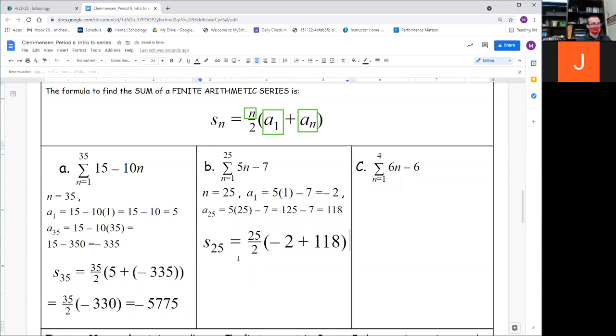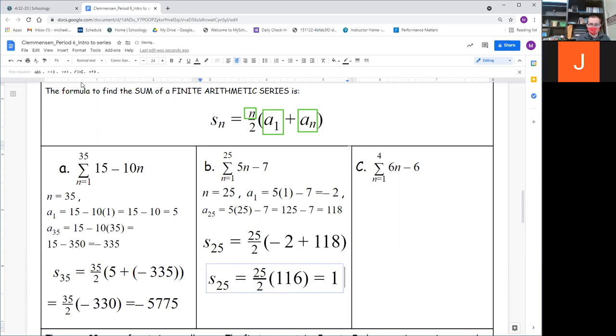When I simplify this a little bit, I'm going to end up getting A sub 25 equals, let's leave it as 25 over 2 times 116, which ends up being, I'm guessing you don't have a calculator right on you, 1450.